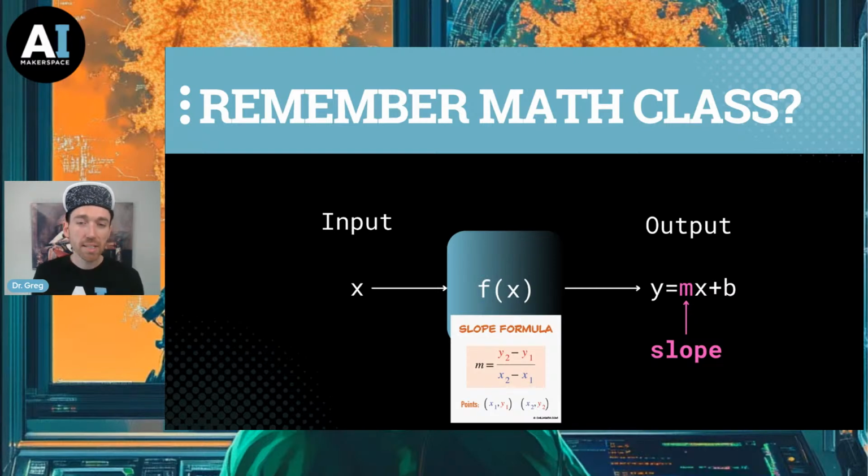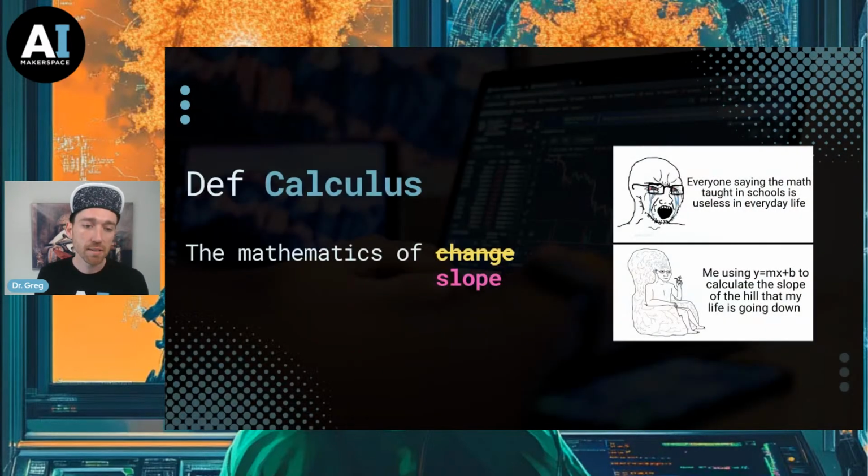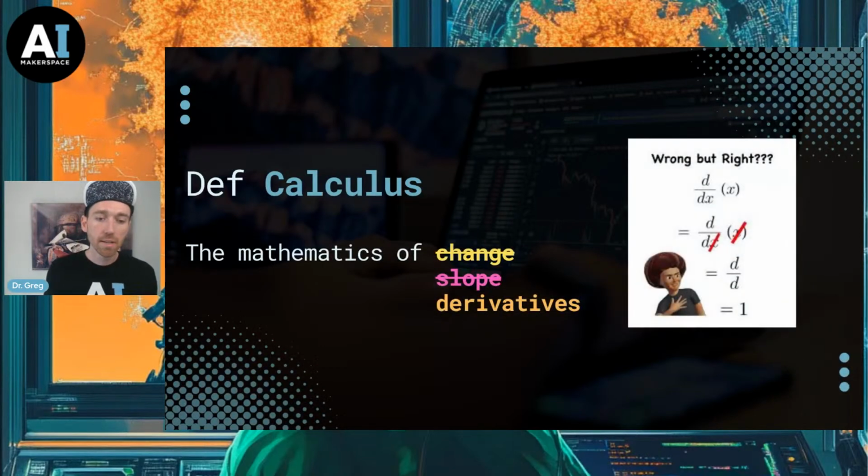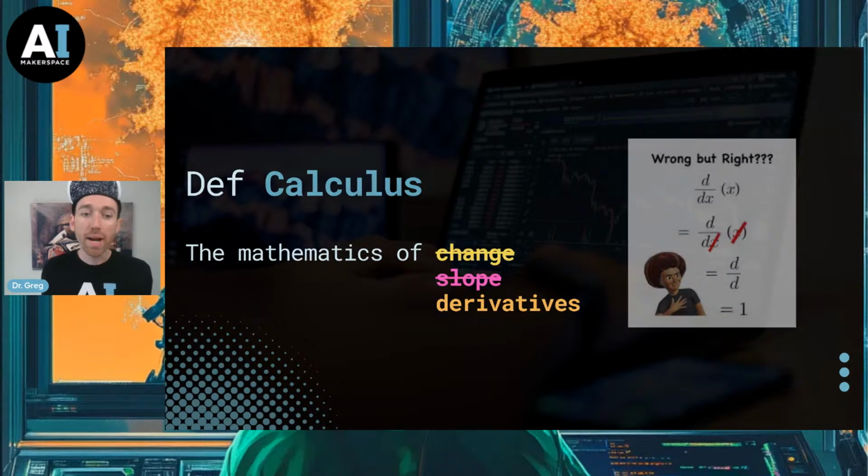And this core idea is still the same thing we use for neural networks today. The idea of slope itself is exactly the idea of a derivative. It's exactly the idea of a gradient.